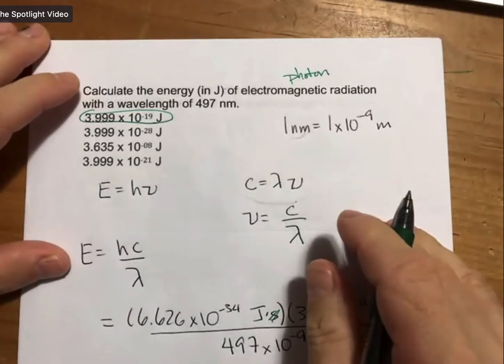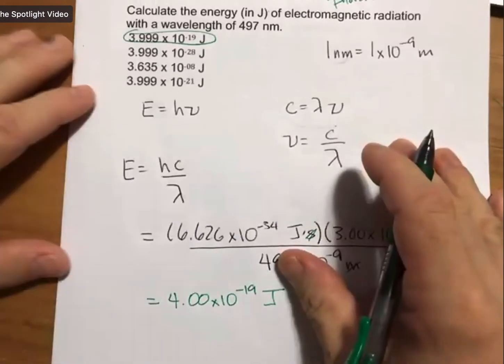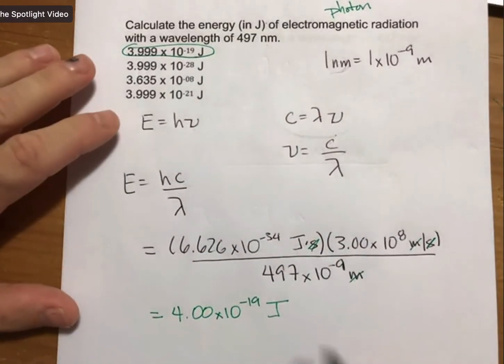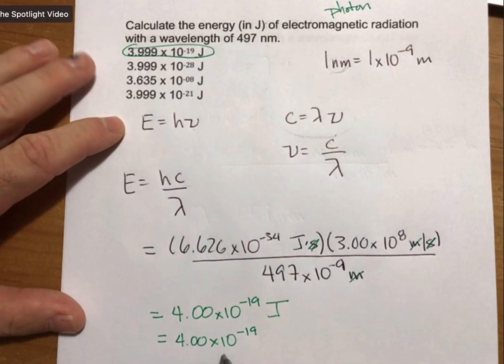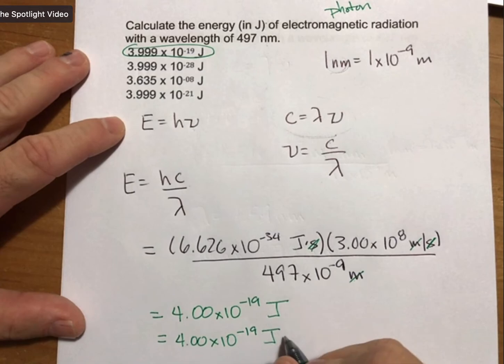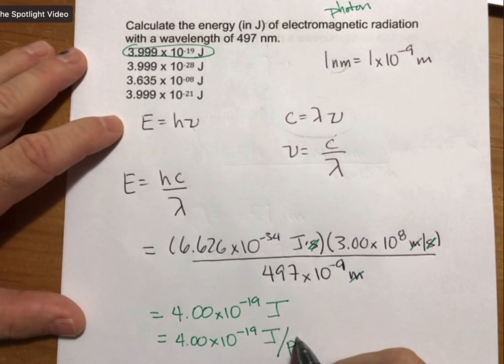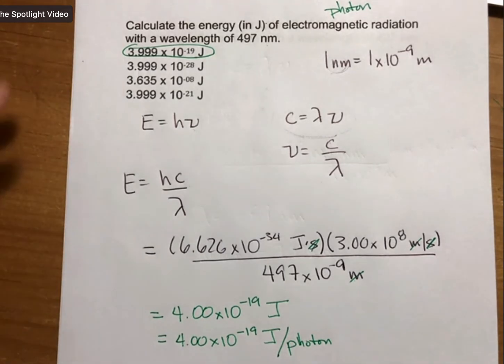Even though it doesn't show up in this calculation, we will from time to time add it. Here's what I mean by that. This is 4.00 times 10 to the minus 19 joules per photon. I know that doesn't show up in the equation, but it is the energy of a photon.